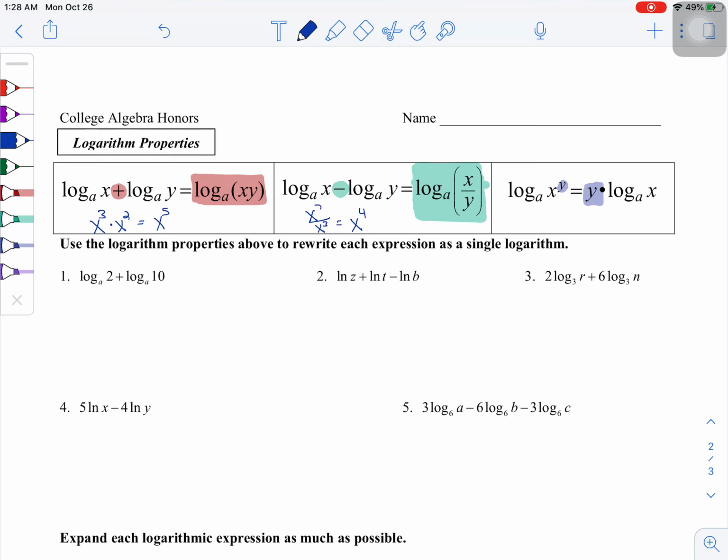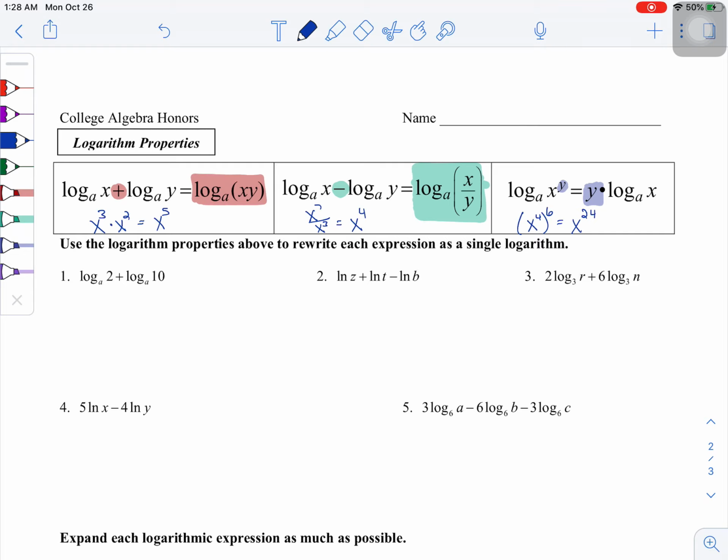And then when you had a power with another power, so something like x to the 4th raised to the 6th, well, you got to multiply 4 times 6 together and get a power of 24. So each one of these logarithm properties basically follows an exponential rule that you have worked with before.